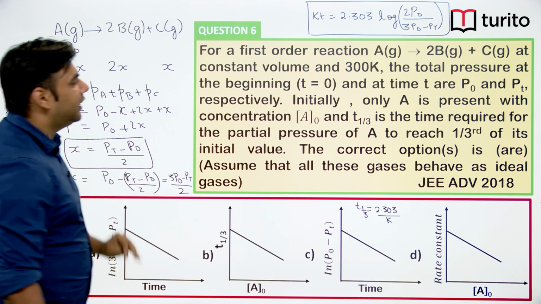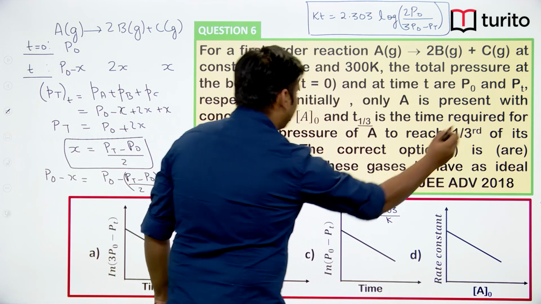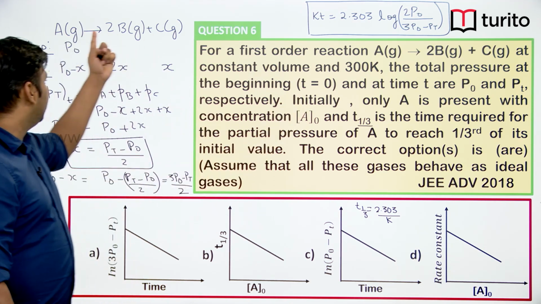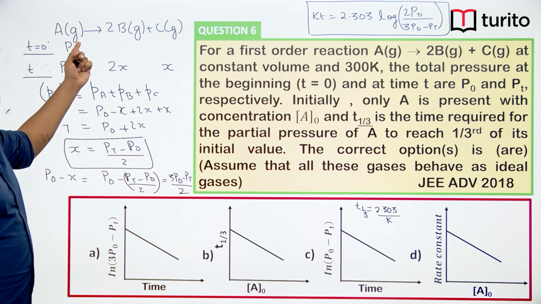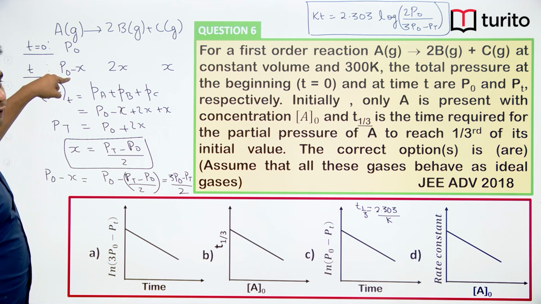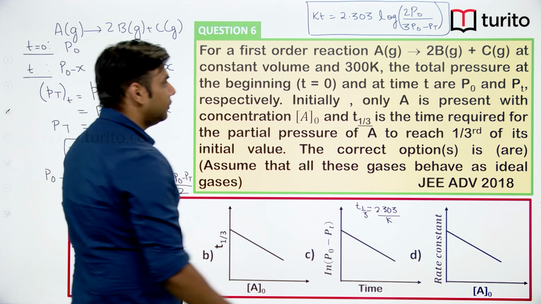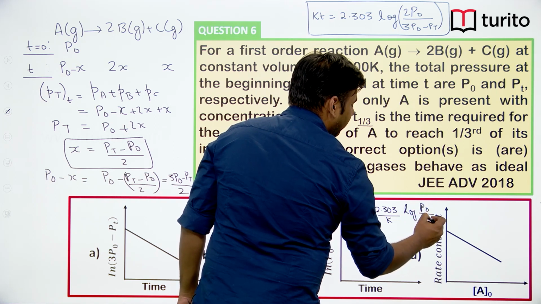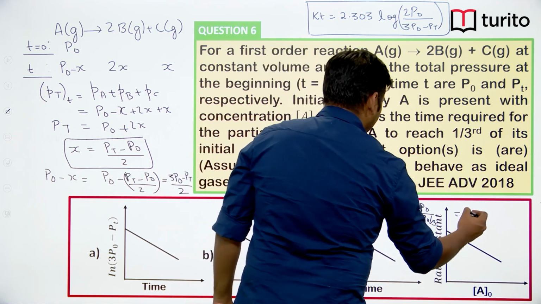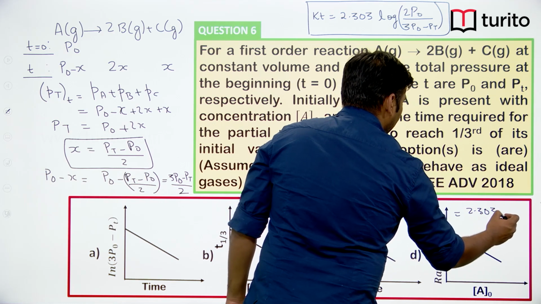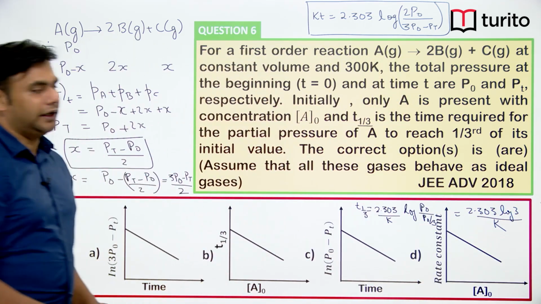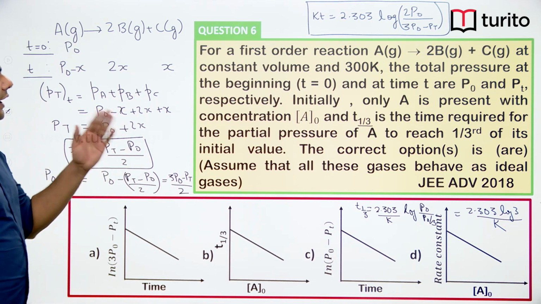After T1 by 3, the final pressure of A would become P naught by 3. So I will write this as P naught upon P naught by 3, and I will get 2.303 into log of 3 upon K. This is the basic expression for T1 by 3. So the correct option is R.